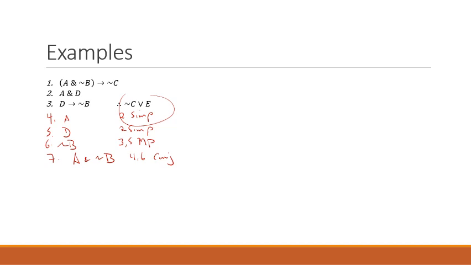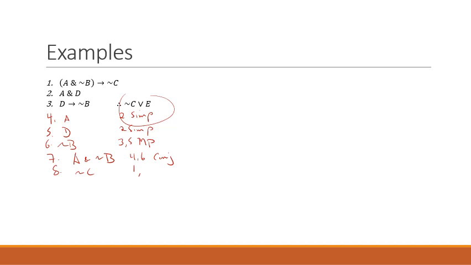Once I've done that, what I can do next is get not C from line 1. Line 1 is a conditional. It may be hard to see because of the parentheses, but all that stuff at the beginning in the parentheses is the antecedent of the conditional, right?